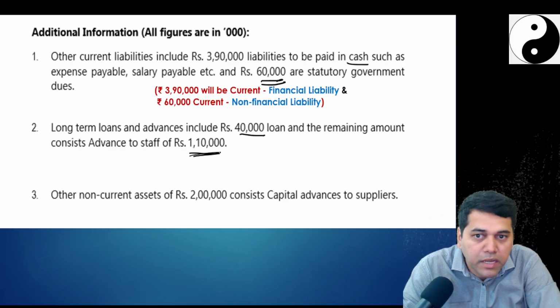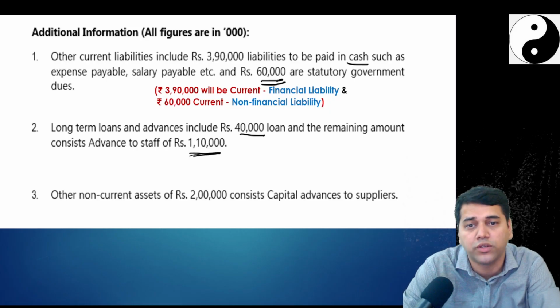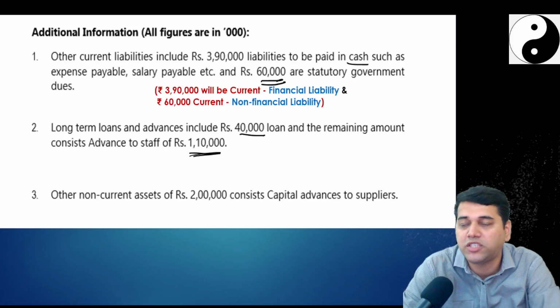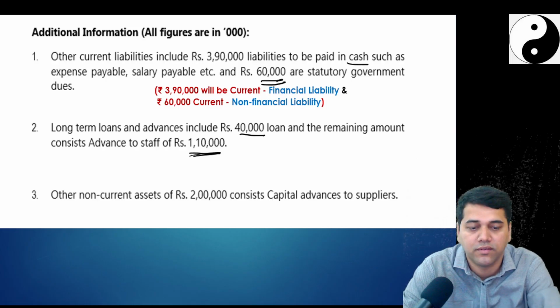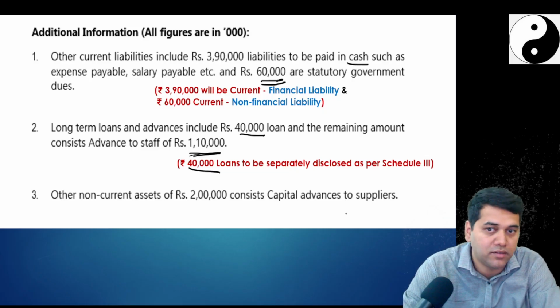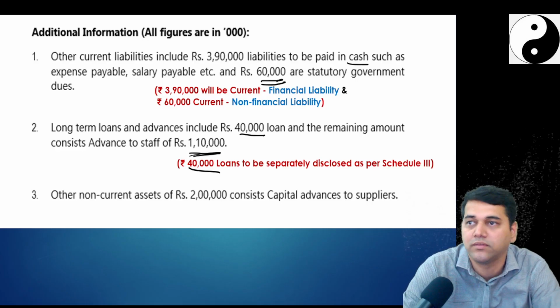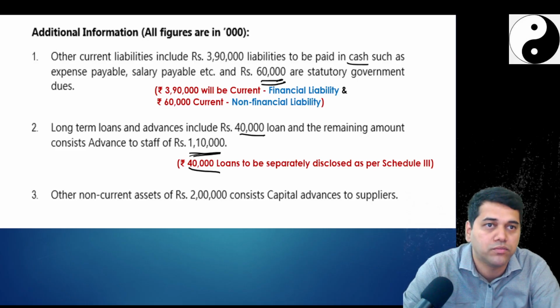They have given you the breakup of 1,50,000. So what is the difference here? 40,000 loan and the remaining advance to staff. As per Schedule 3 format, the loans have to be shown separately from your advances. You cannot club both.